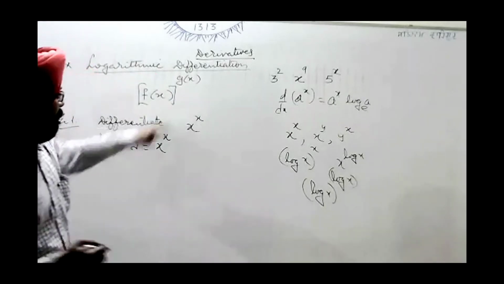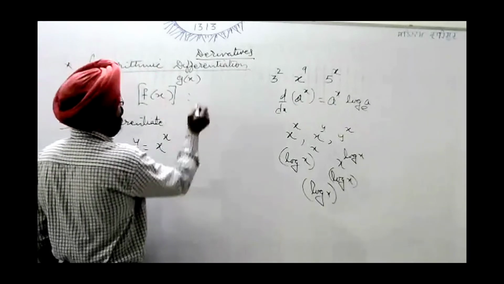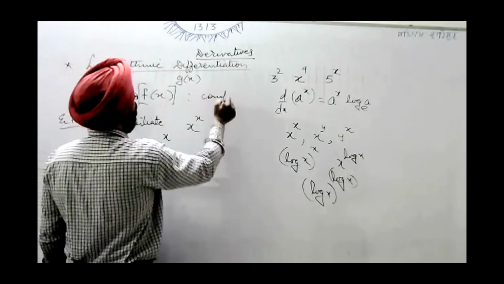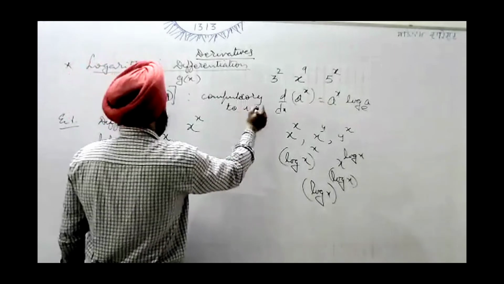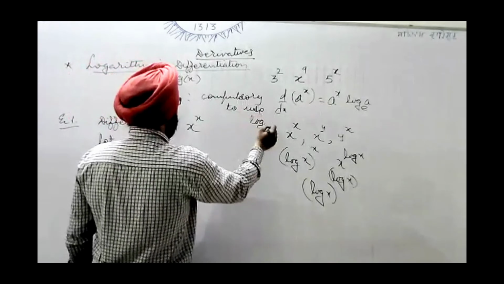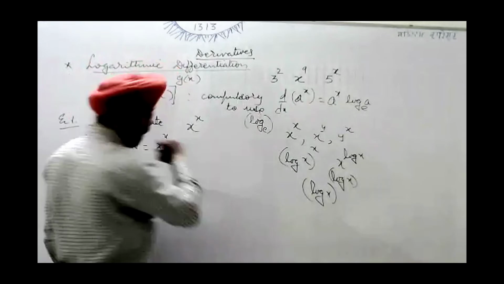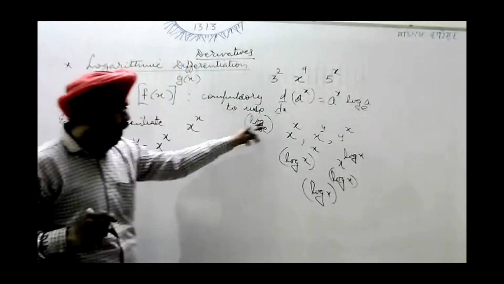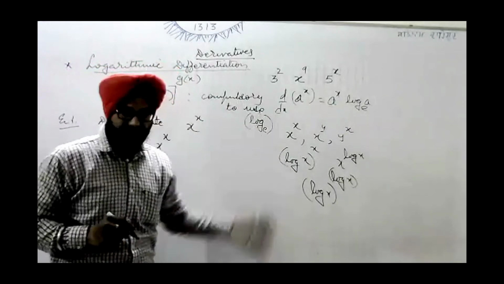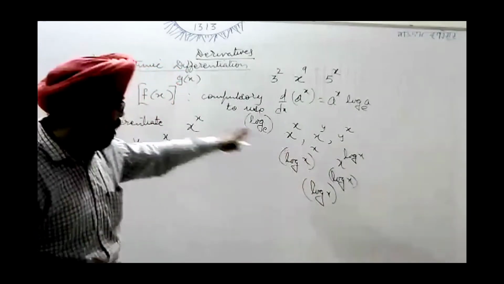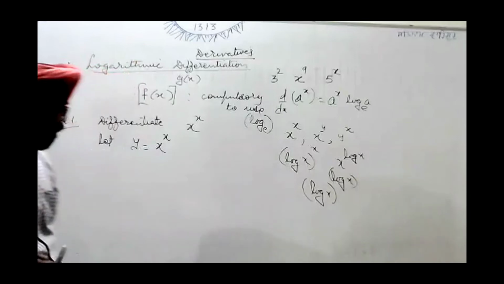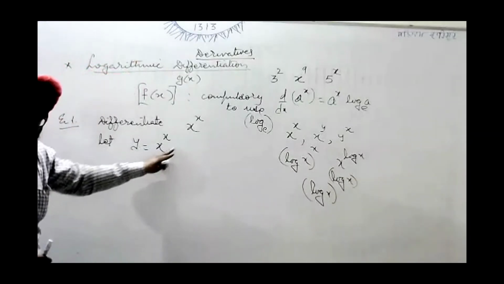I have already mentioned here that in such cases it is compulsory to use log base e. Such a function should not be written, but just for information I have written. And let me tell you, more methods are there, but this is the best one. That's why I'm saying y equals x to the power x.